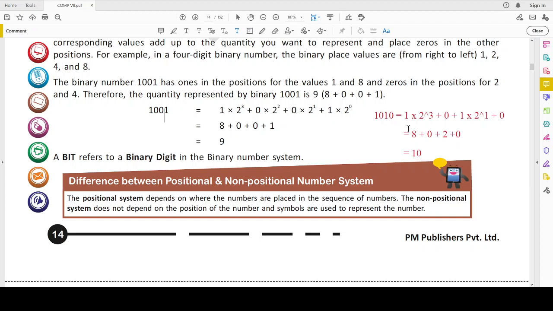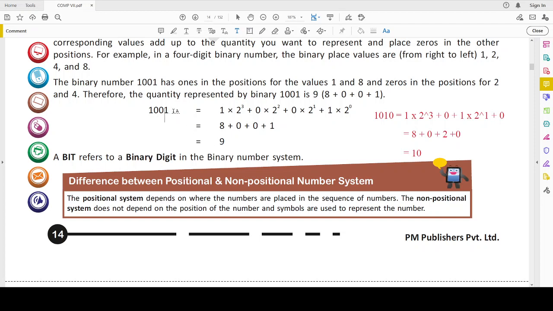So 2 to the power 3 is equal to 8 and 2 to the power 1 is equal to 2. So that will make the value 10. So 1010 in binary number system is equal to 10 in decimal number system, and 1001 in binary is equal to 9 in decimal number system.